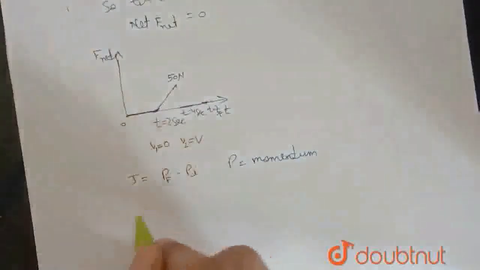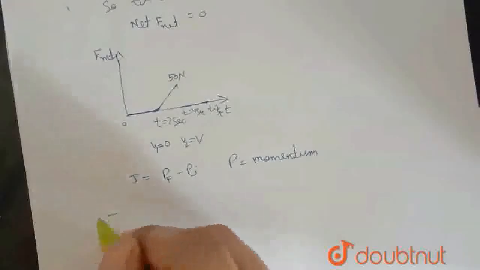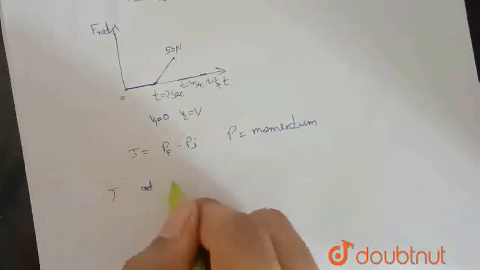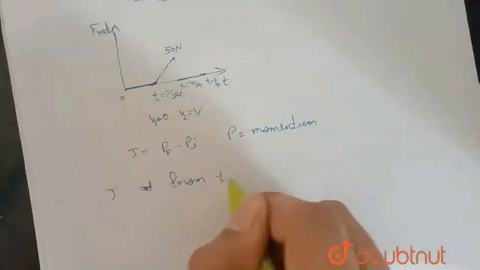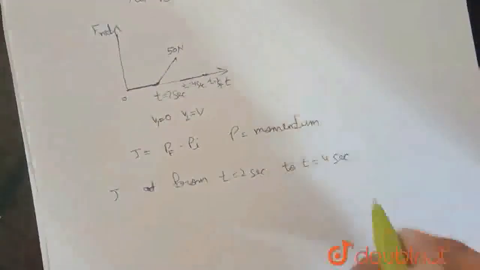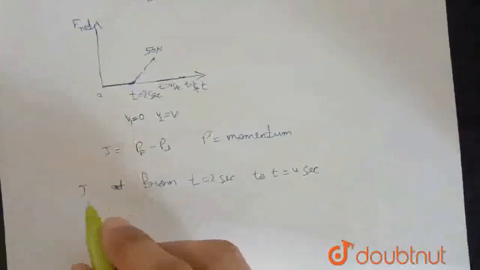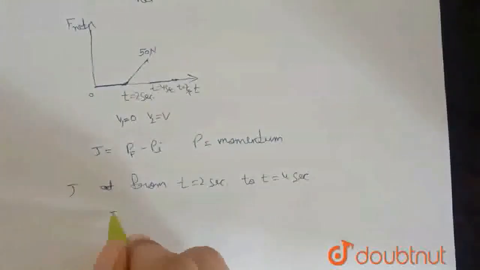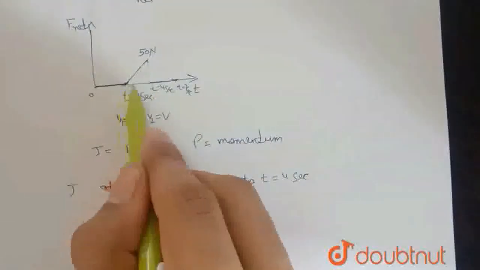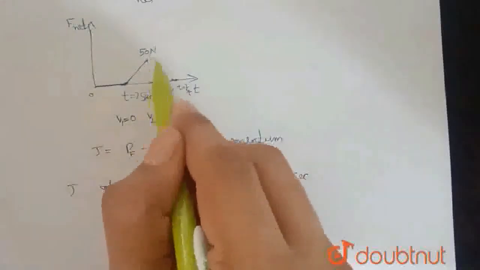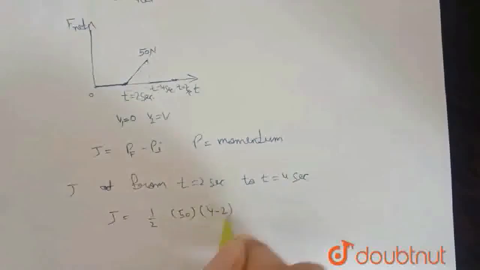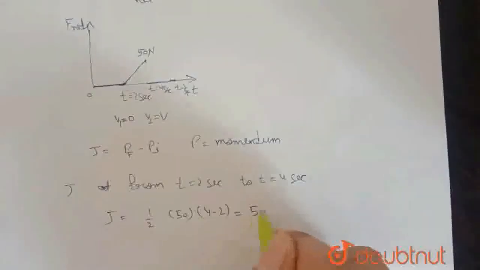First we will calculate impulse from t equal to 2 second to t equal to 4 second. Impulse will be the area between force and time. So area will be 1 by 2 this area. This length is 2 and this length is 50. So 1 by 2 into 50 into 4 minus 2 equal to 50.